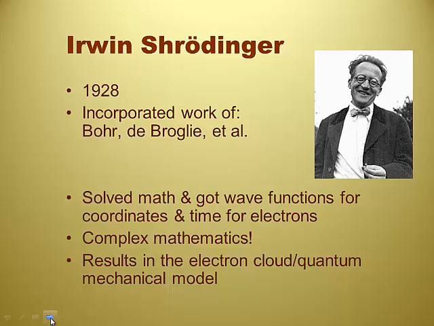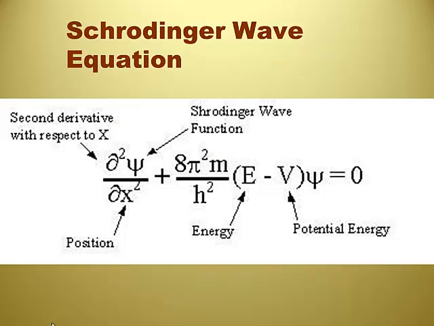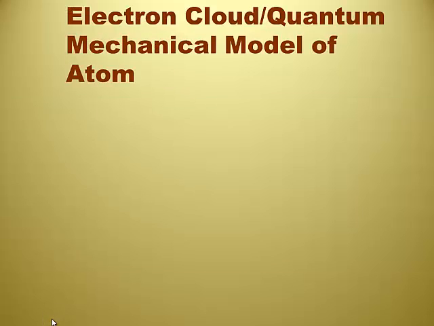The results are something we call the electron cloud or the quantum mechanical model. It's got a couple of different names: Schrodinger's model, quantum mechanical model, wave model. There's the math. Yeah, it's ugly. Should we stay on this page for long? No. Okay, going on.